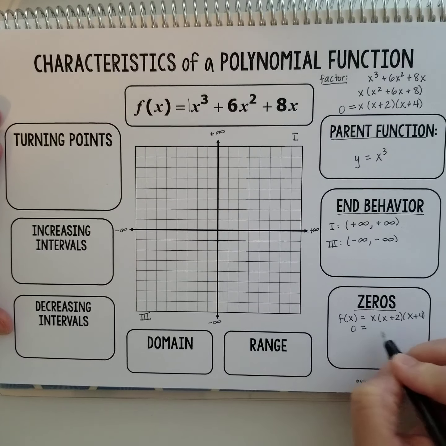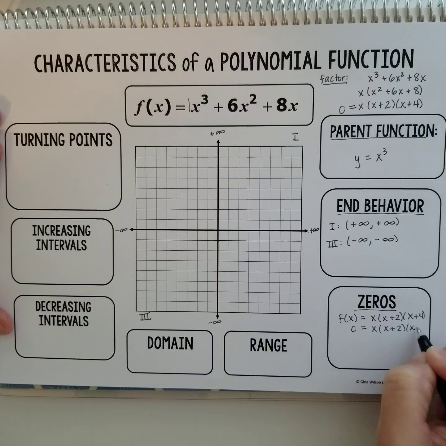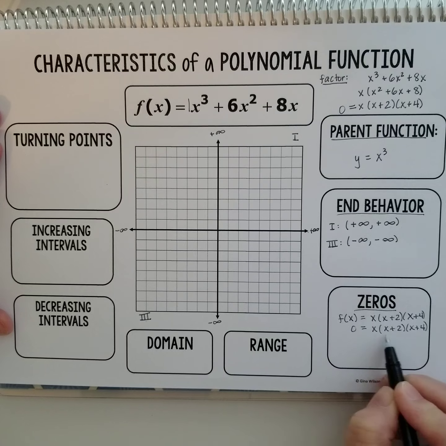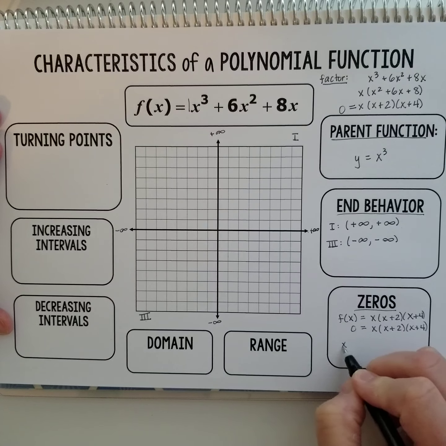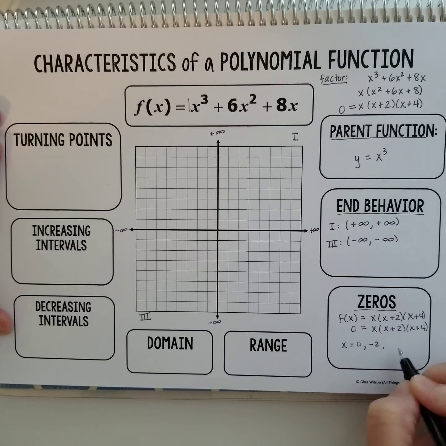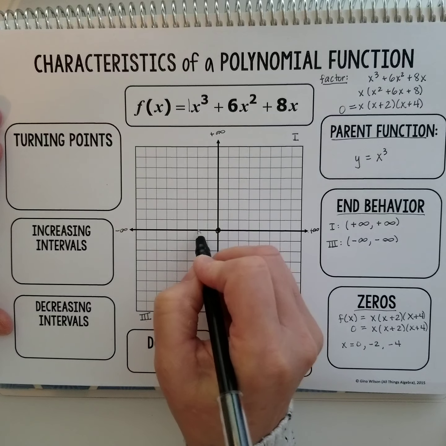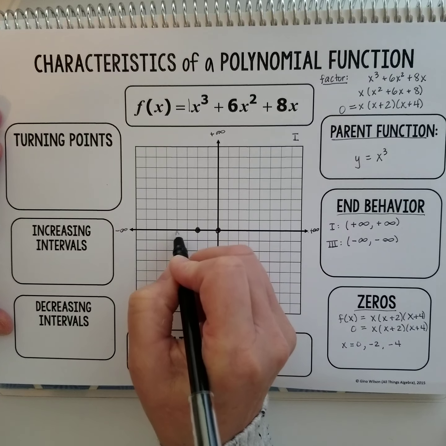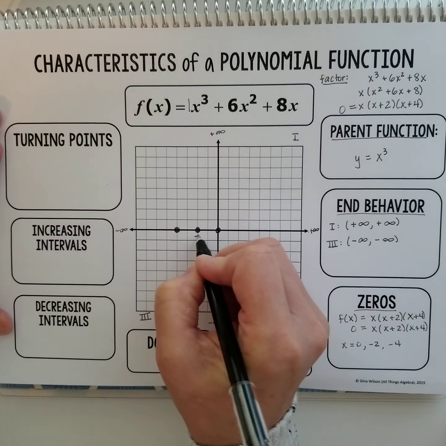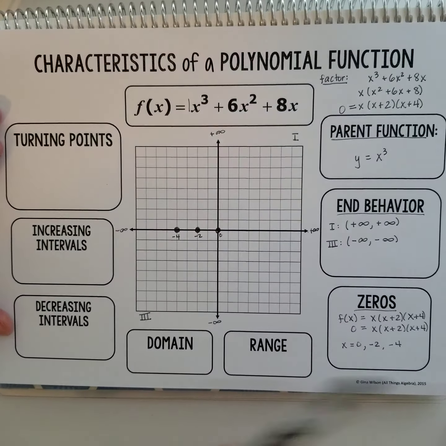When you set that to 0, that will be true if any of these factors is 0. So that's going to be when x equals 0, or negative 2, or negative 4. Those are our zeros. That means we're going to have points here, and at negative 2, and at negative 4. So this is our negative 2, and this is our negative 4. And that, of course, is 0.